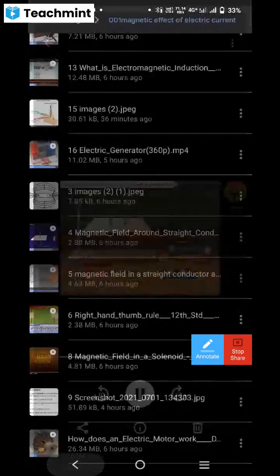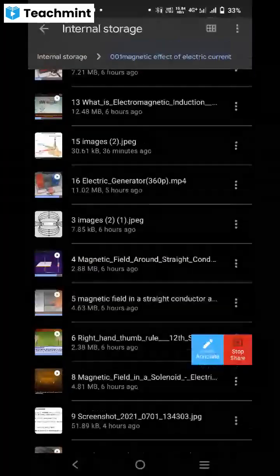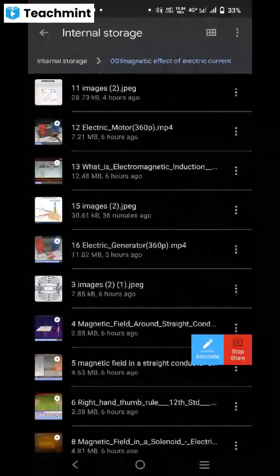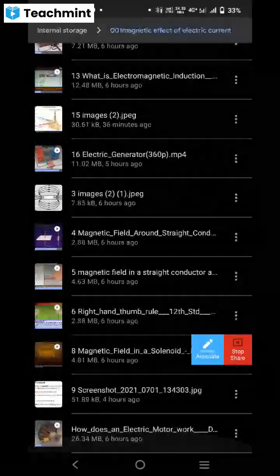Okay, let us see about a solenoid now. First, write what is a solenoid. Have you written the answer on solenoid from yesterday?